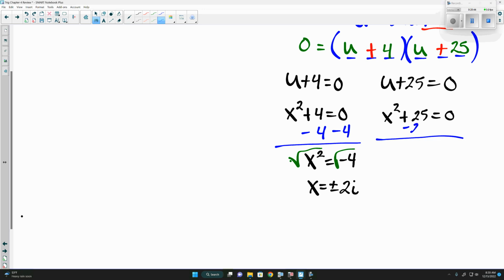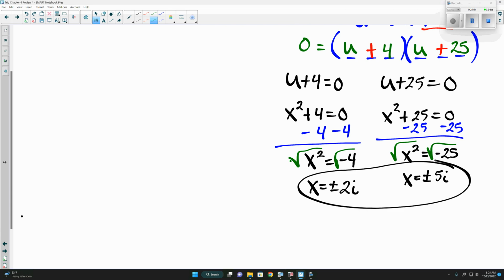Same thing for the other side, minus 25 from both sides. Tells us that x squared is equal to negative 25. Square root both sides, so x is equal to plus or minus 5i. And there are 4 solutions. Any questions on these here?